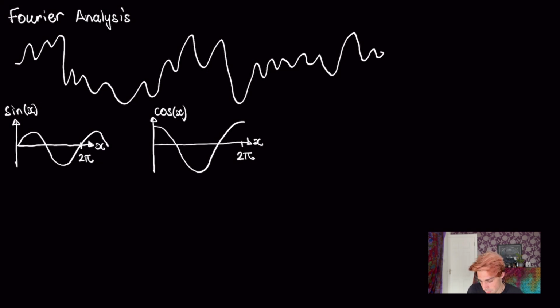And I'm going to write out the general formula for this, and then I'm going to break down what each term in the formula actually means. So let's say this right here is our function, f of x.